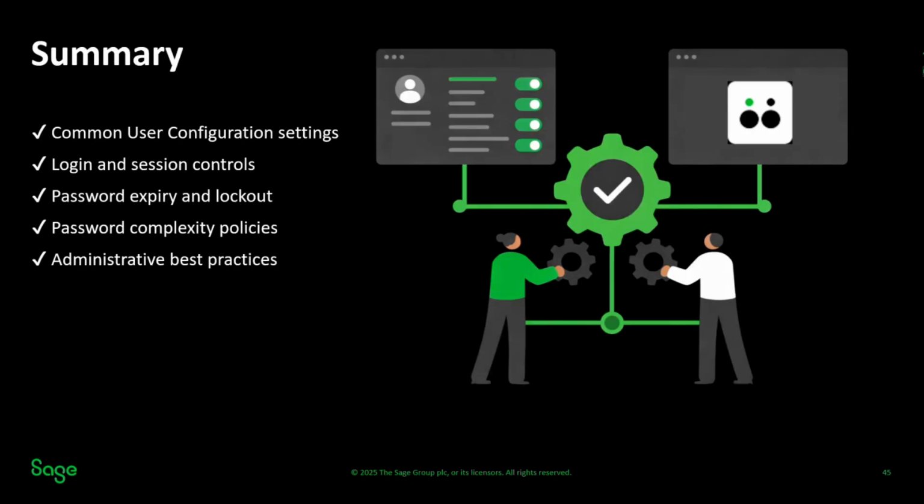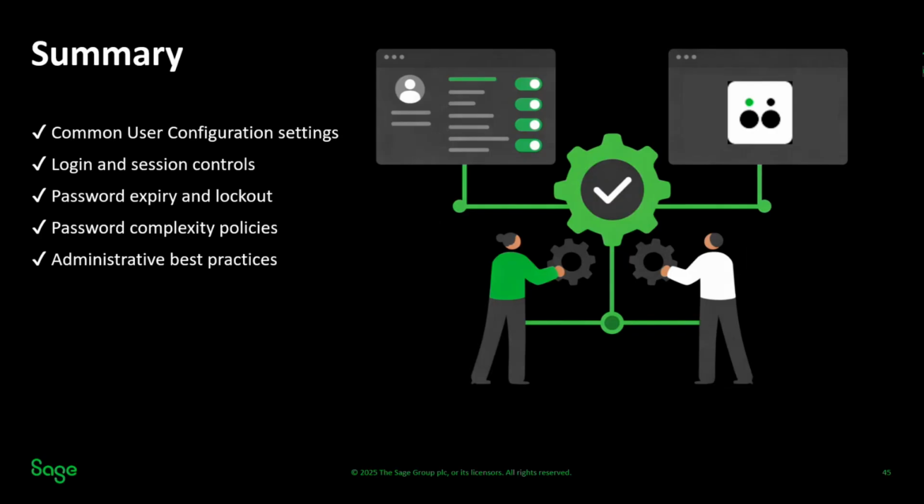Okay, well, we're at the end of what I wanted to cover today. We have looked at common user configuration settings. We've looked at the logon and session controls. We've dealt with password expiry and lockout. We've looked at the idea of setting whether we want to work with complex passwords, and we've considered some best practice as well.